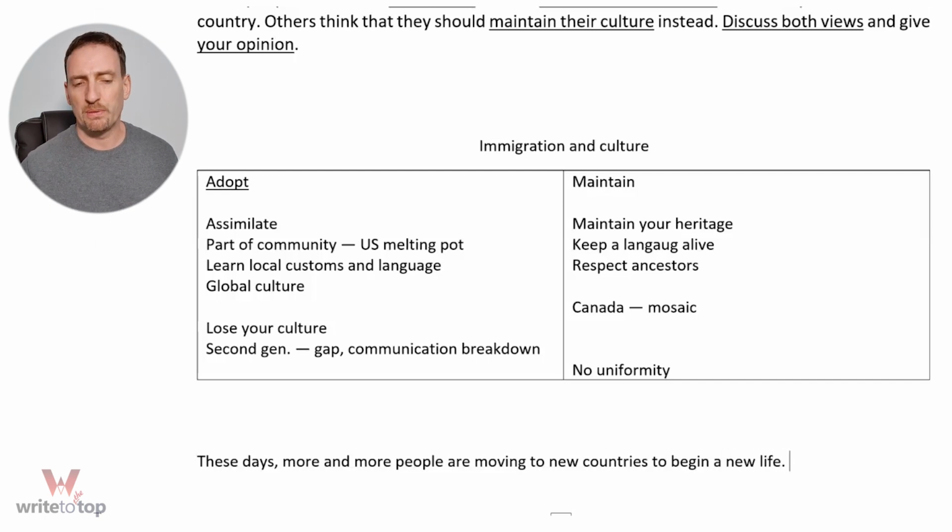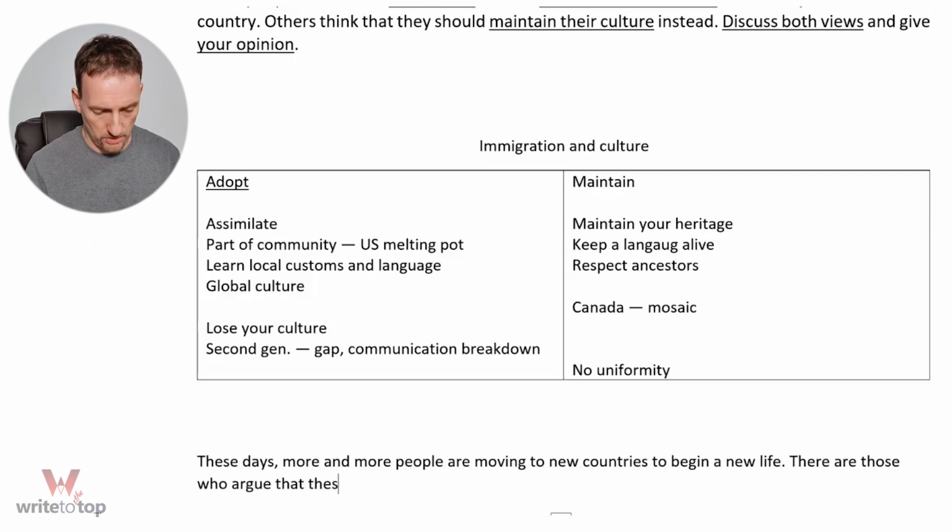So these days, more and more people are moving to new countries to begin a new life. That's immigration. Immigration is happening. While some people, well, I don't want to use "some people" because that's in the task. There are those who argue that these newcomers, immigrants, synonym.